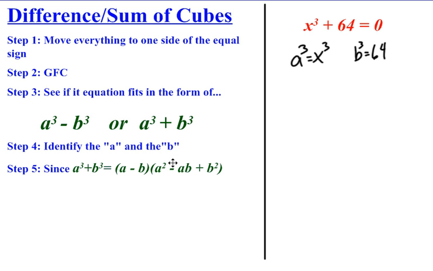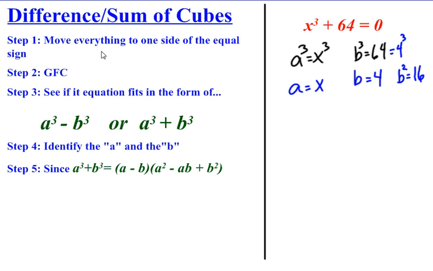So the cube root of x cubed is x, and the cube root of 64 is just 4. B squared then is going to equal 16 when we plug it into our formula.